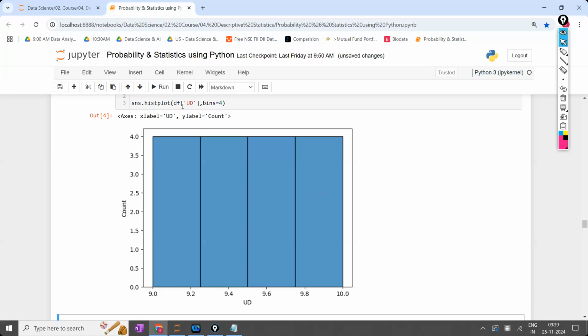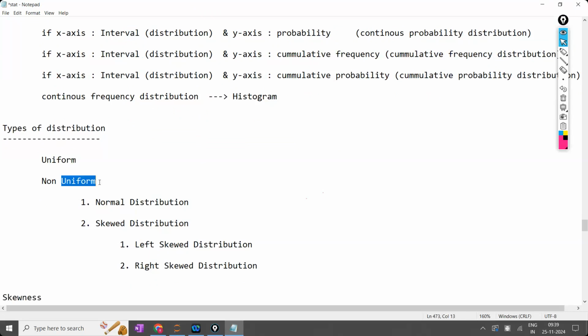It can be one, 2 or 3 students, but constant. Then it is called uniform distribution. If it is not constant, it is called non-uniform. So majorly we have uniform and non-uniform.